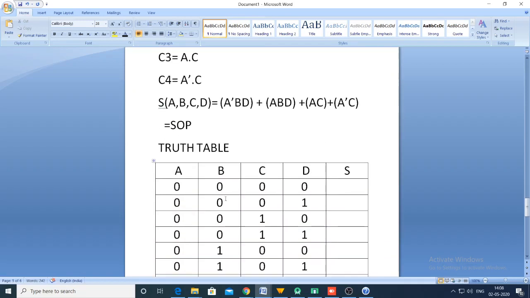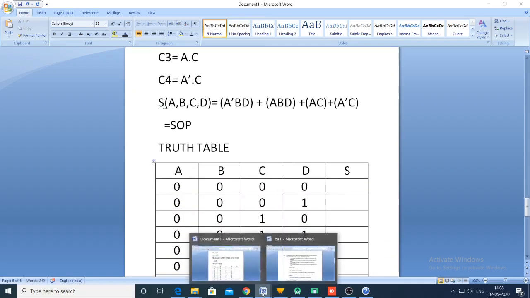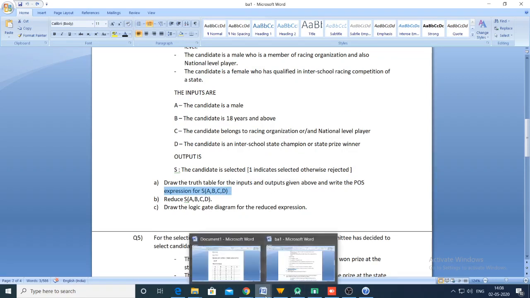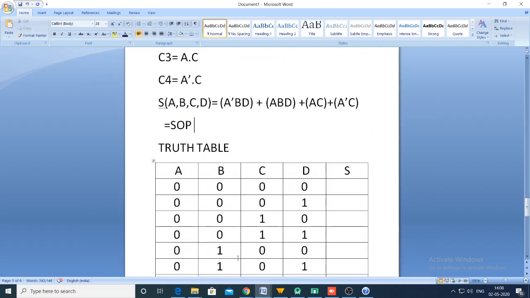But what they had asked is to write the POS expression of S of A, B, C, D. So we have got the SOP expression. Now we have to get the POS expression.